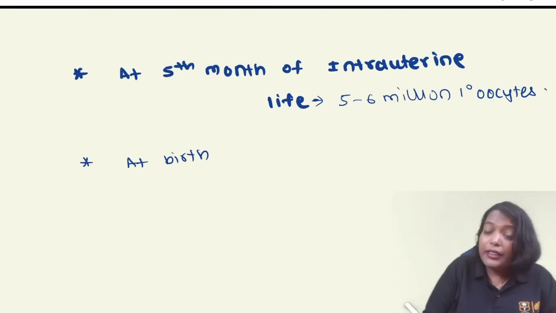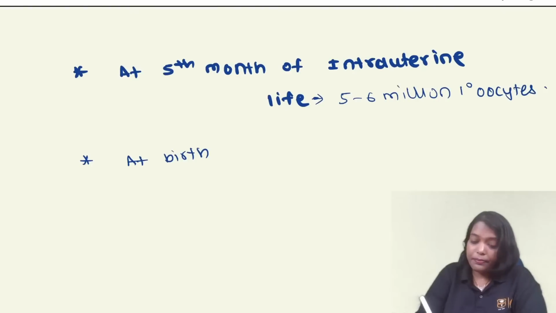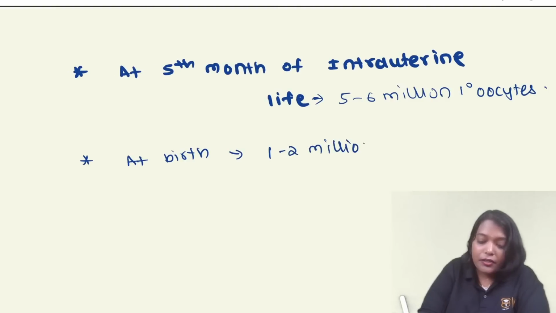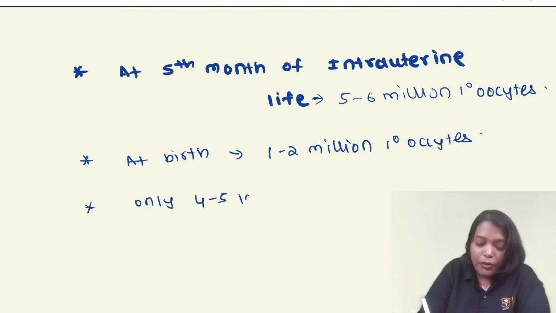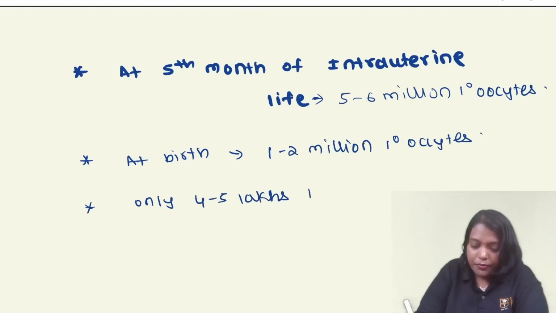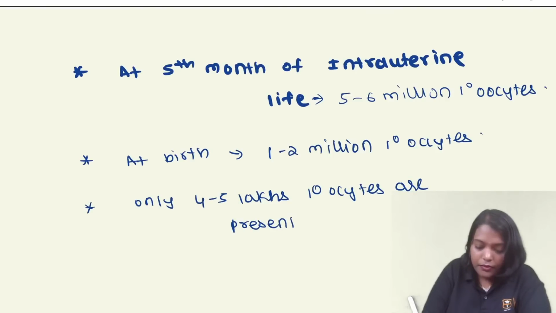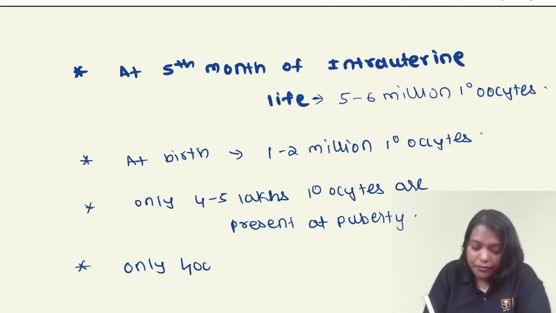At birth, these 5 to 6 million primary oocytes will become 1 to 2 million. Among these 1 to 2 million, only 4 to 5 lakhs of primary oocytes are present at puberty. And in that 4 to 5 lakhs also, only 400 mature throughout the woman's life.